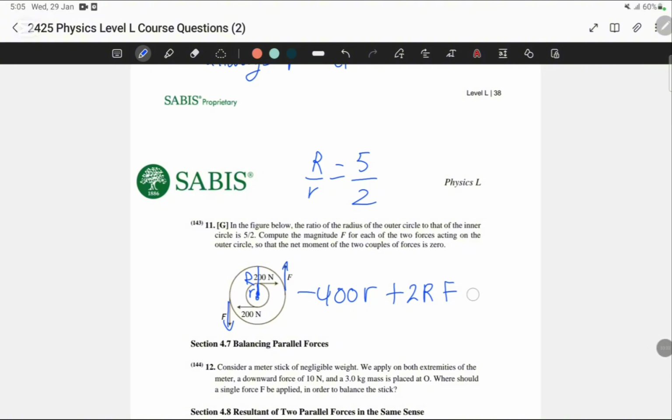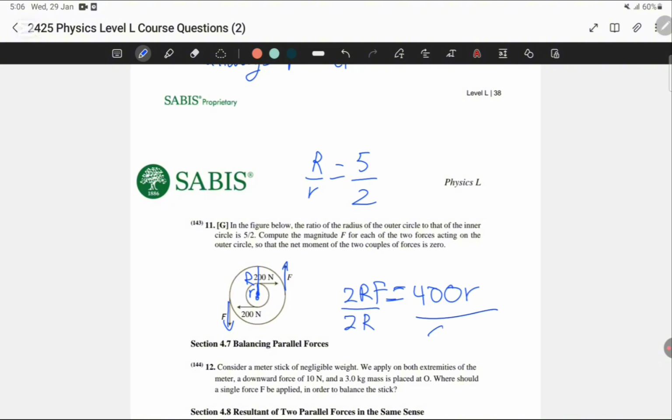Okay, so what we can do is 2rF equals positive 400r, because it was negative here, we moved it to this side. Now we want the force, so we divide over 2r.